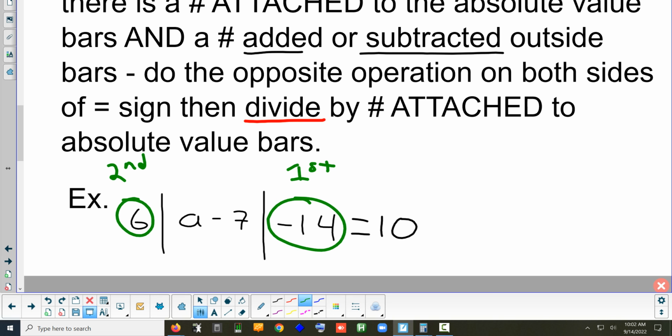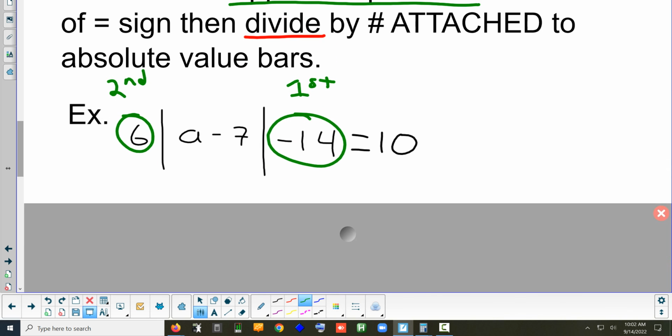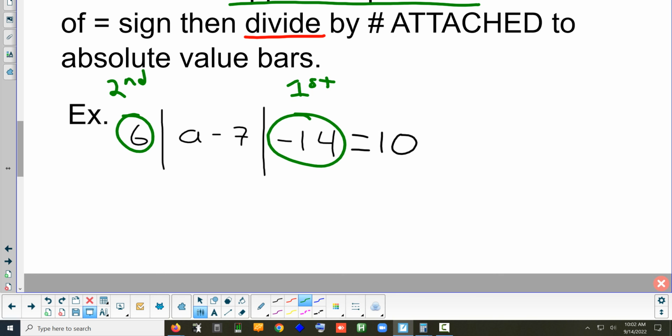To get rid of the negative 14, it says do the opposite operation. What's the opposite of a negative 14? Yep, positive 14. Don't do anything else in this step. Leave the 6. Leave the a minus 7.